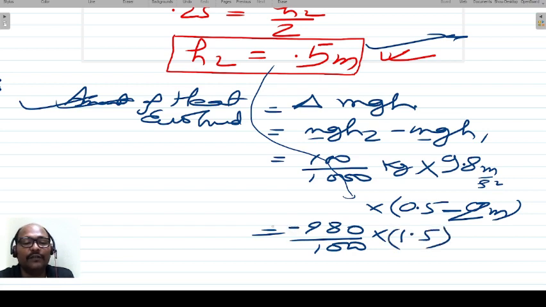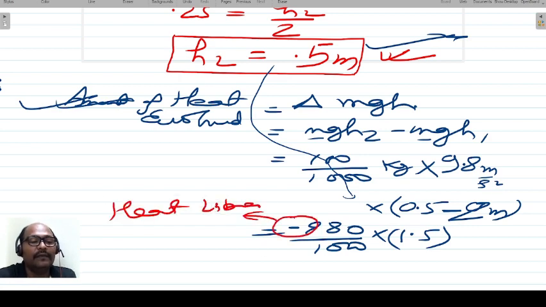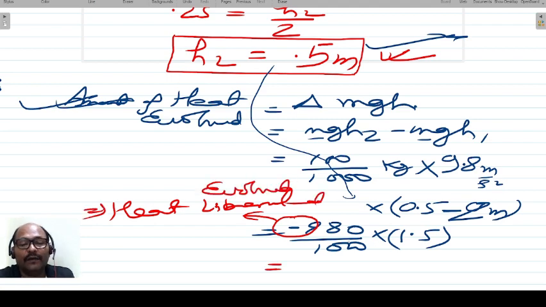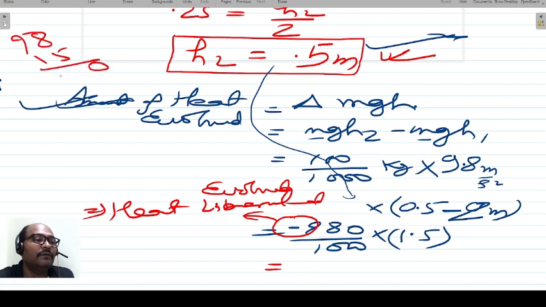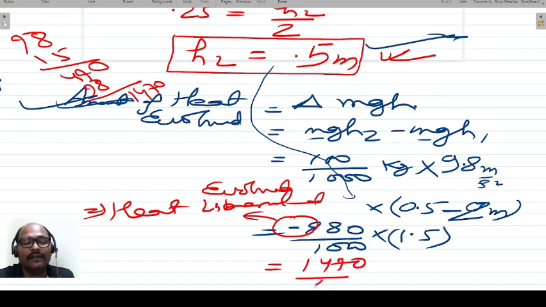Why this negative sign? This negative sign shows heat liberated or evolved. When we multiply, 98 into 15 gives 1470.